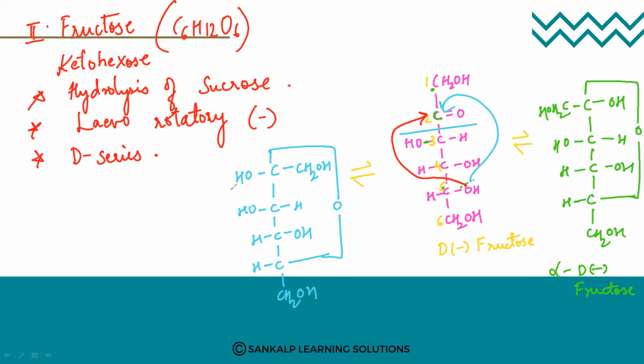As this is on the left hand side, this will be beta D-fructose, as this is levorotatory. So this is a cyclic structure, the 5-membered ring structure of fructose.